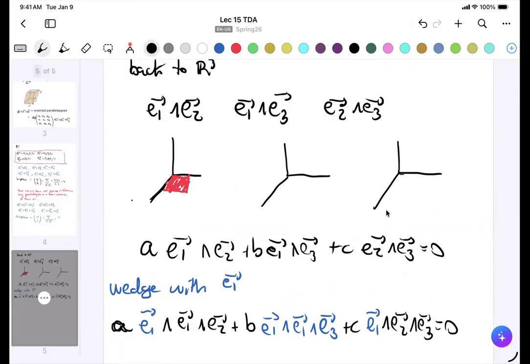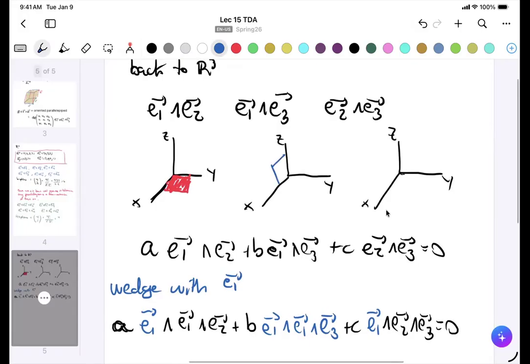If you call these X, Y, and Z, E1 wedge E2 is a unit square on the XY plane. E1 wedge E3 would be the unit square on the XZ plane, and E2 wedge E3 would be the unit square on the YZ plane.